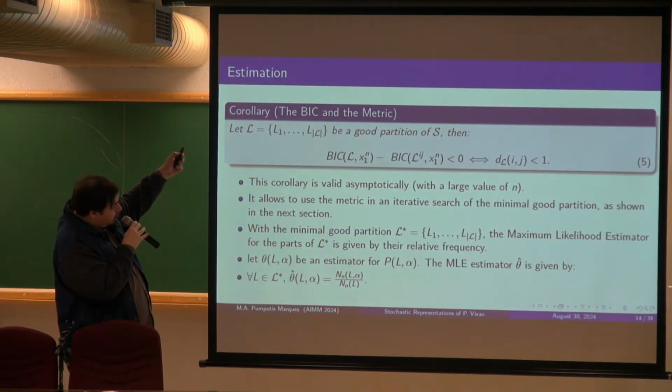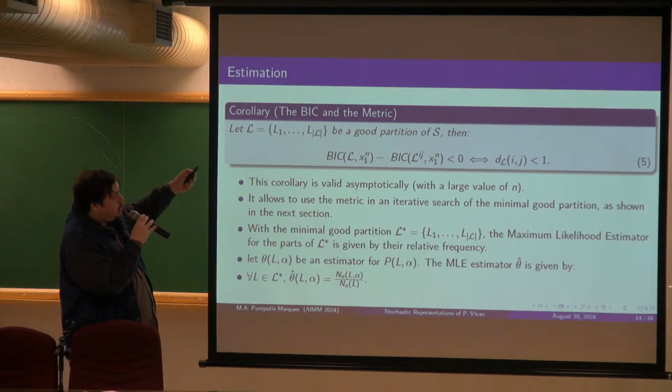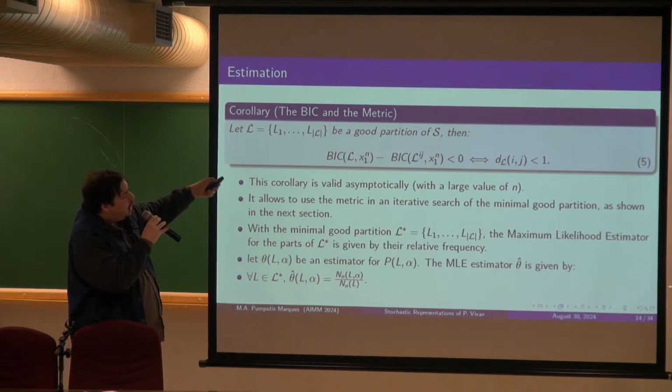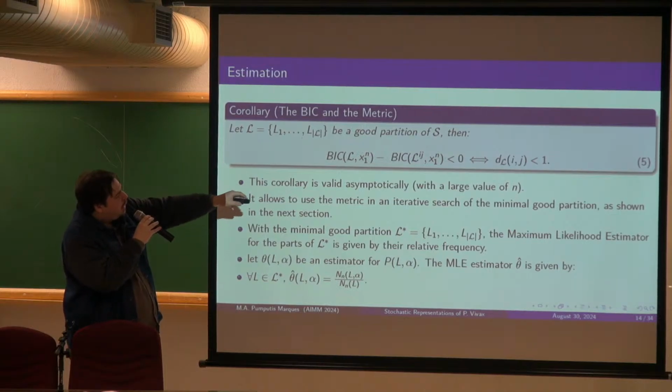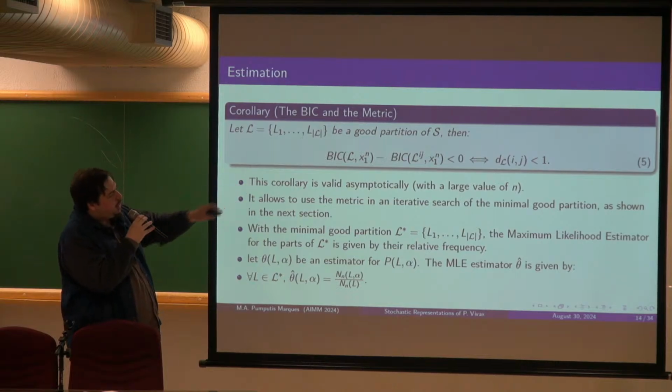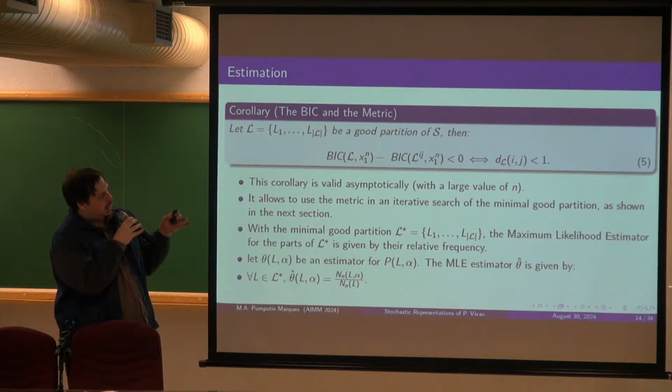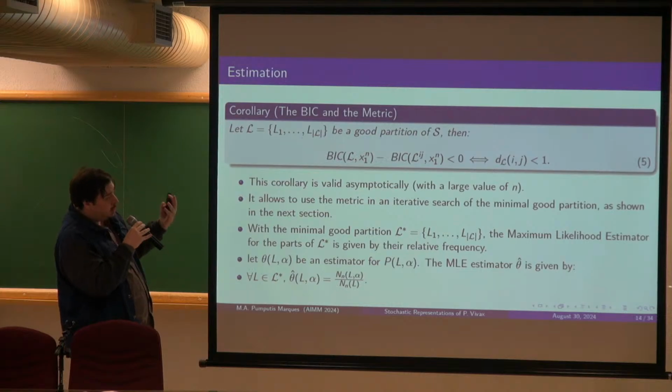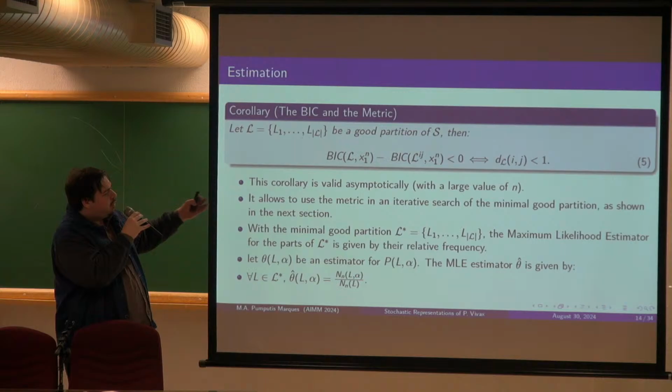So why did we define this distance? Because we can prove that if the distance is less than 1, the BIC of the old partition is smaller than the BIC of the new partition. That is, if the distance is less than 1, we should join parts, right? According to the BIC, asymptotically. So this result is valid asymptotically, with a very large value of n, right?